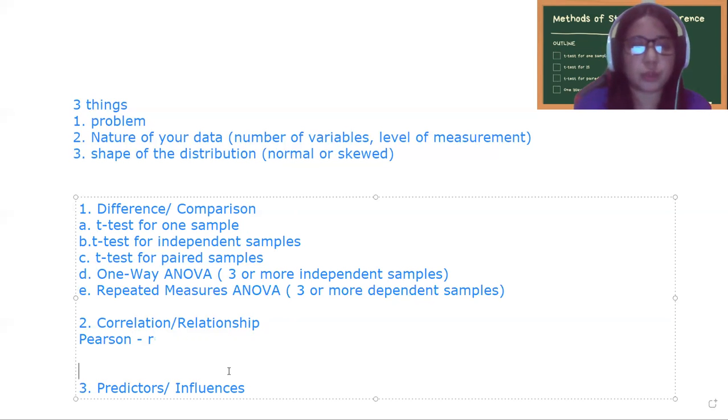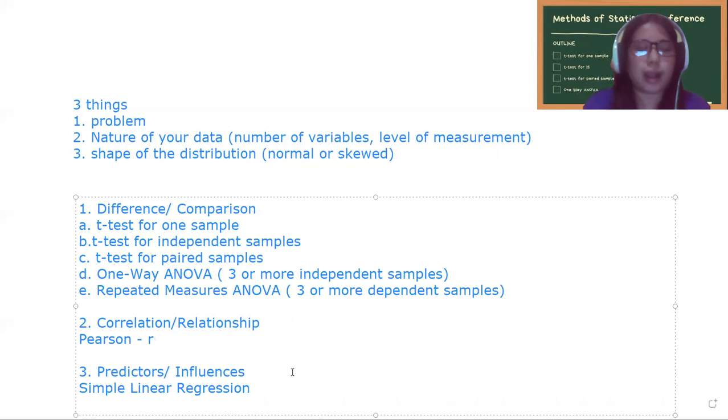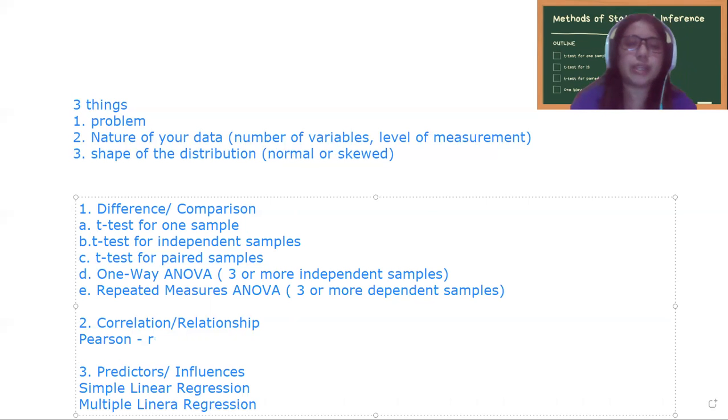While for predictors, an example is simple linear regression. Or if you include more than one independent variable, that is multiple linear regression. So these are the possible methods of statistical inference that you can use for your data.